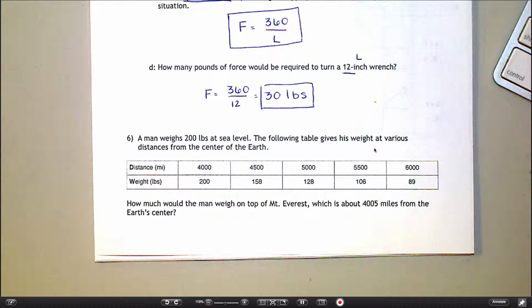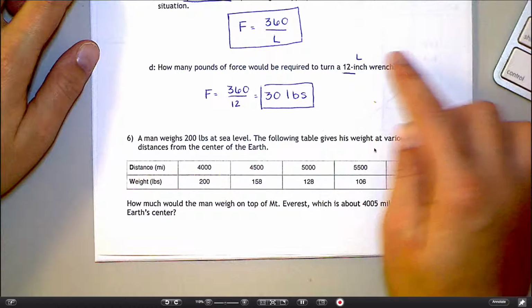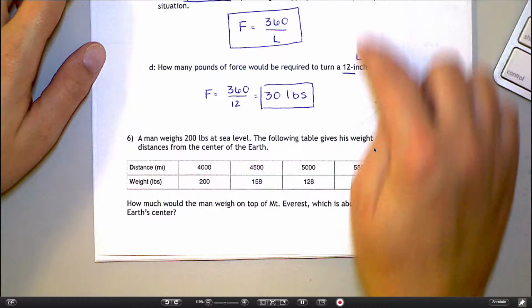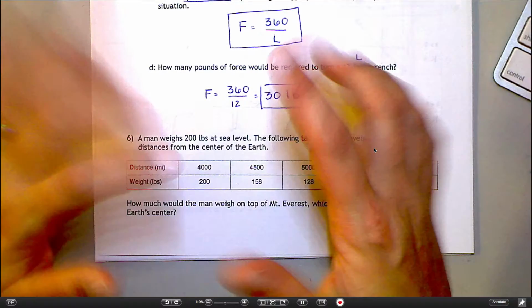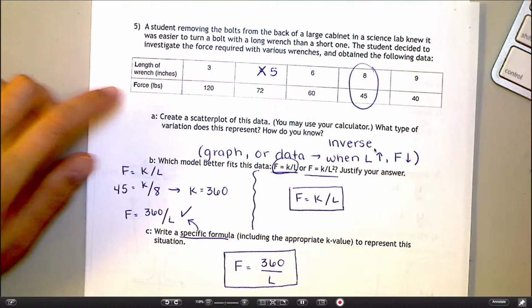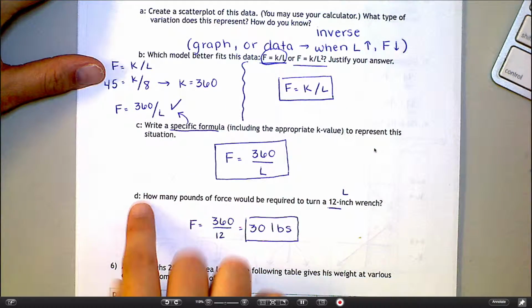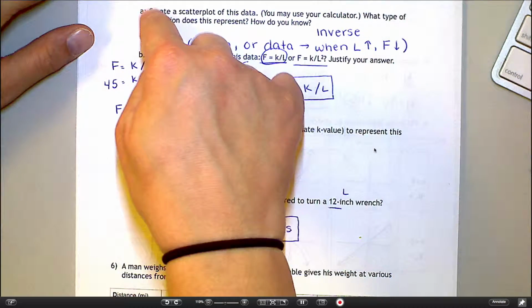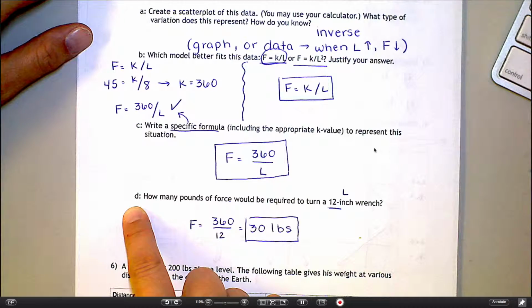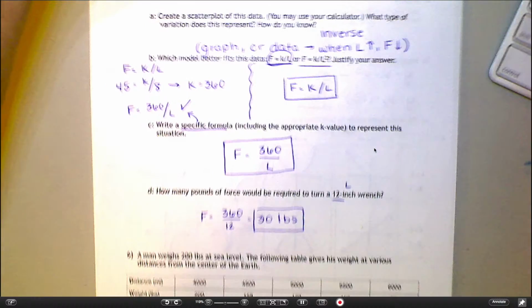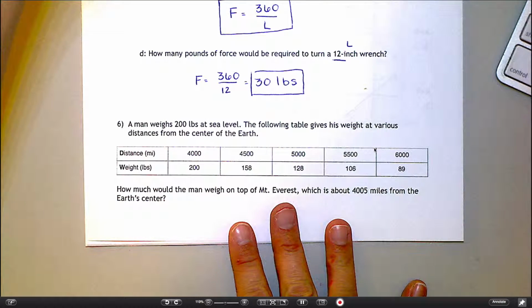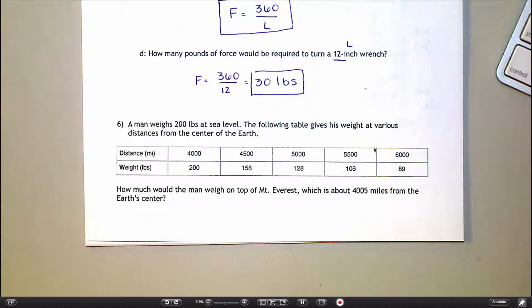This problem is actually exactly the same as number 5, except instead of stepping you through it piece by piece like A, B, C, D, I just ask you to go straight from the data table to a question like question D. But you're still going to have to follow through all of these steps. I know just from looking at this data, and maybe that's an easier way to go if you don't want to do the scatter plot every time, because the scatter plot really just helps you with the shape of the graph, that this is inverse variation.